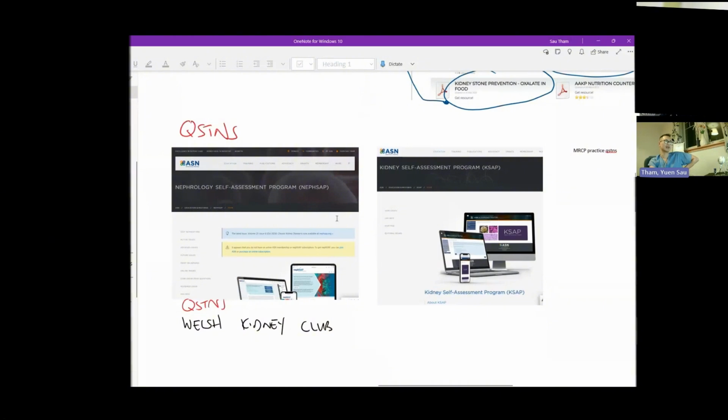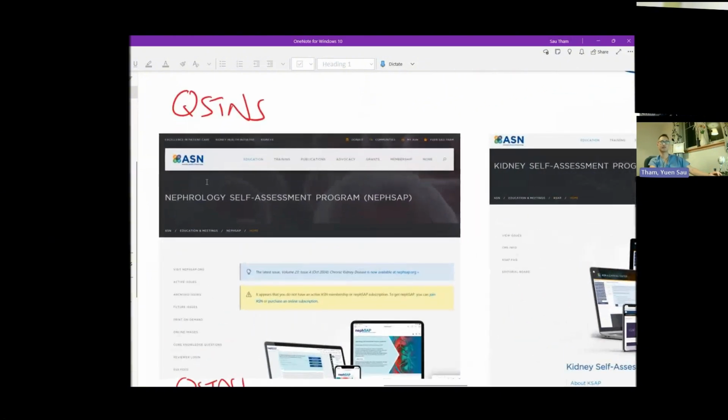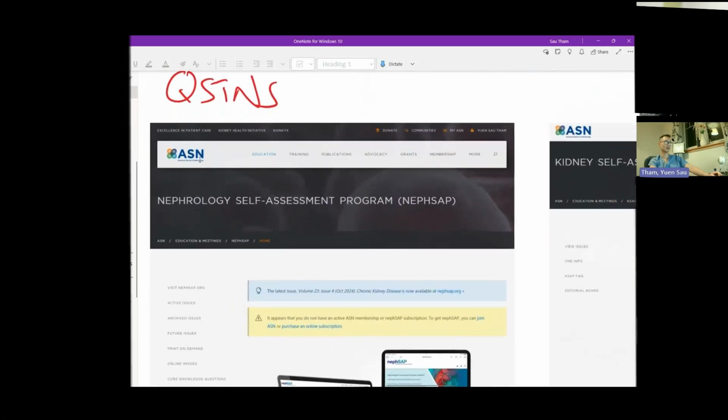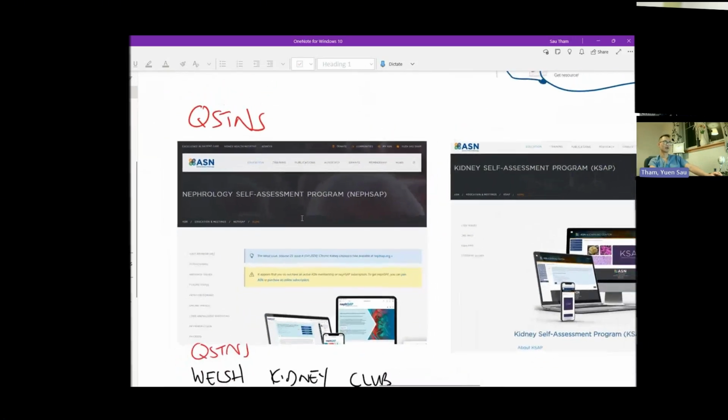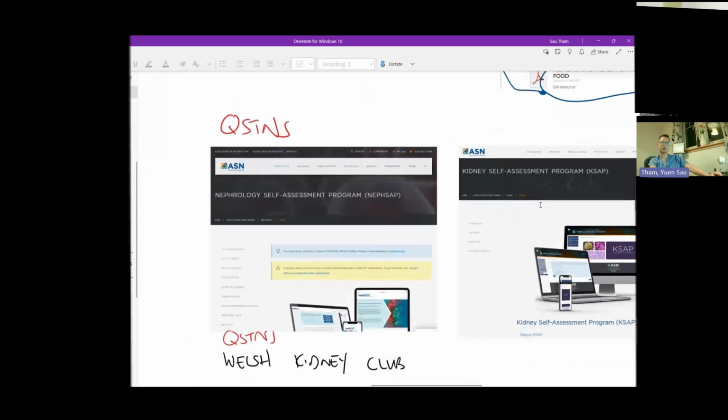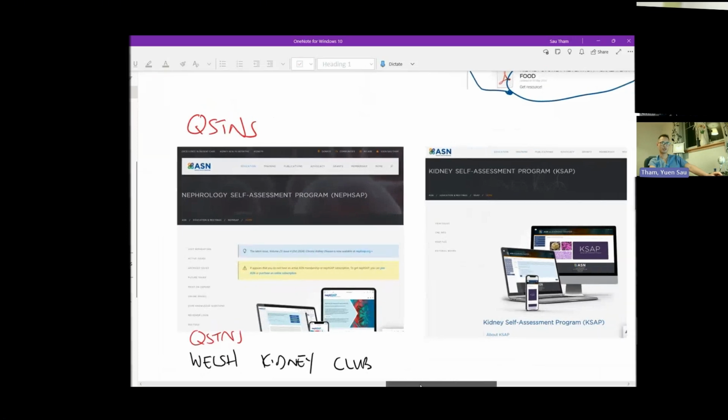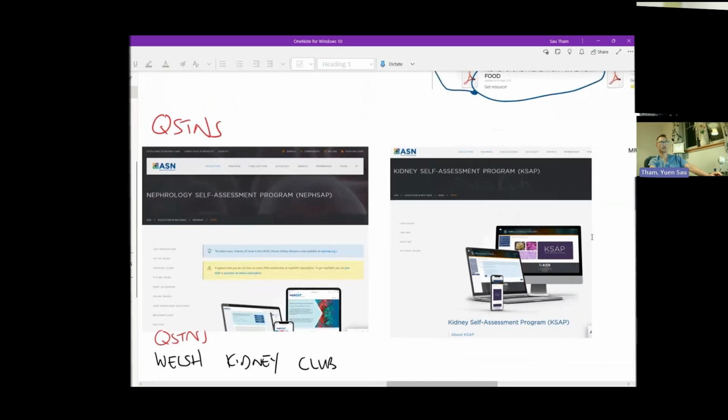The one that you should use is ESN, sorry, not ESENeph. ESN, so the American Association of Nephrology. So they've got KSAP, Kidney Self-Assessment Program, and NEFSAP. And I put it up here because I couldn't remember which one. I think it was KSAP that you had to log on.